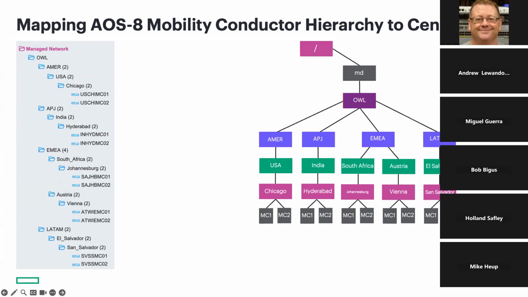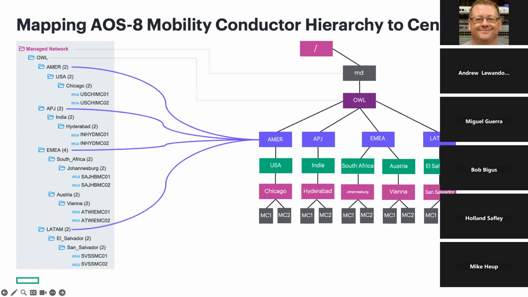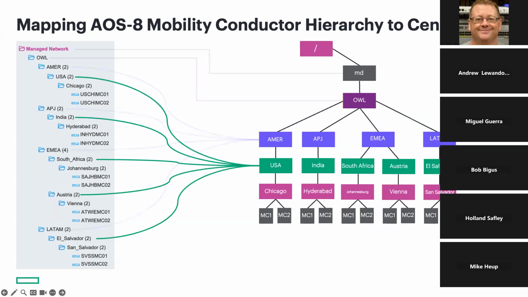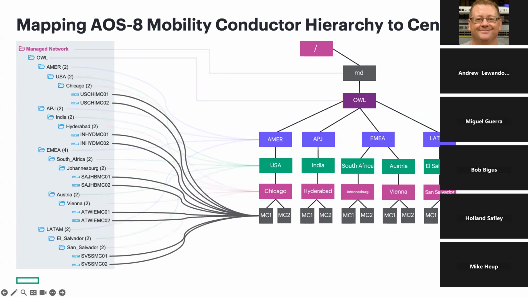And then you should have an idea now of how that could map. Before I even click on anything, hopefully you have an idea of how some of that configuration can map from the left to the right. So in this example, managed network maps to MD, and OWL maps directly to the OWL box on the right. The global regions map to the top level, the countries to the second level, sites to the next level, and finally controllers to the bottom gray level.